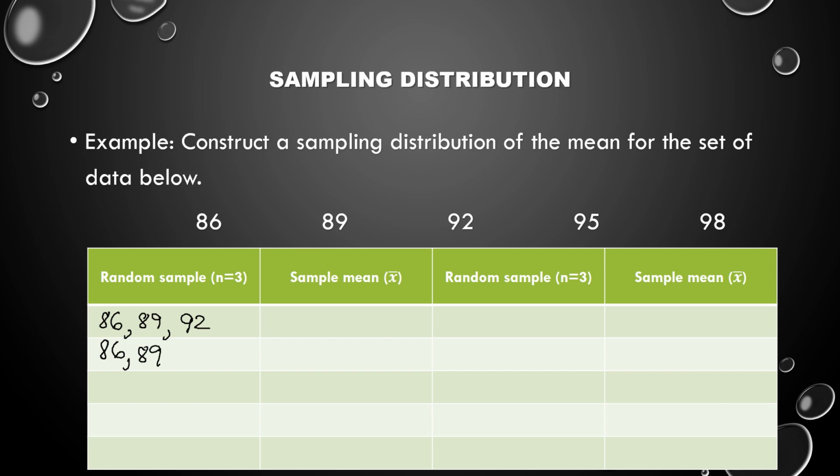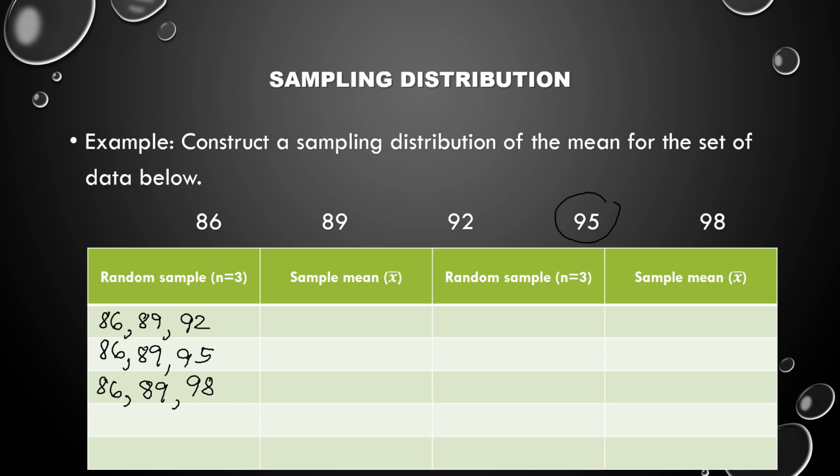Notice we ended with 92 on the other combination, so the next number will be 95, until you have your 98 in there. So next combination, we have 86 and 89, and then we go to the next number, 95, which is 98. So that's your possible combinations for 86 and 89. Now, we don't have any other number after 98, so we stop that combination.